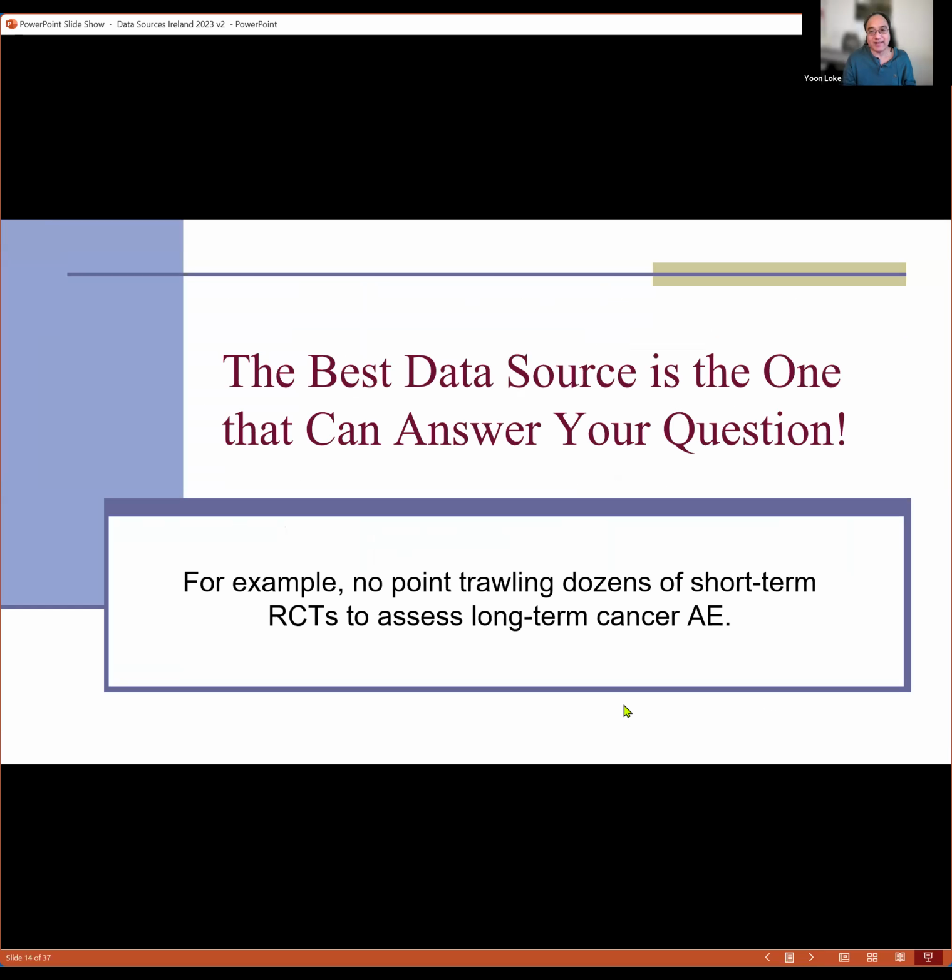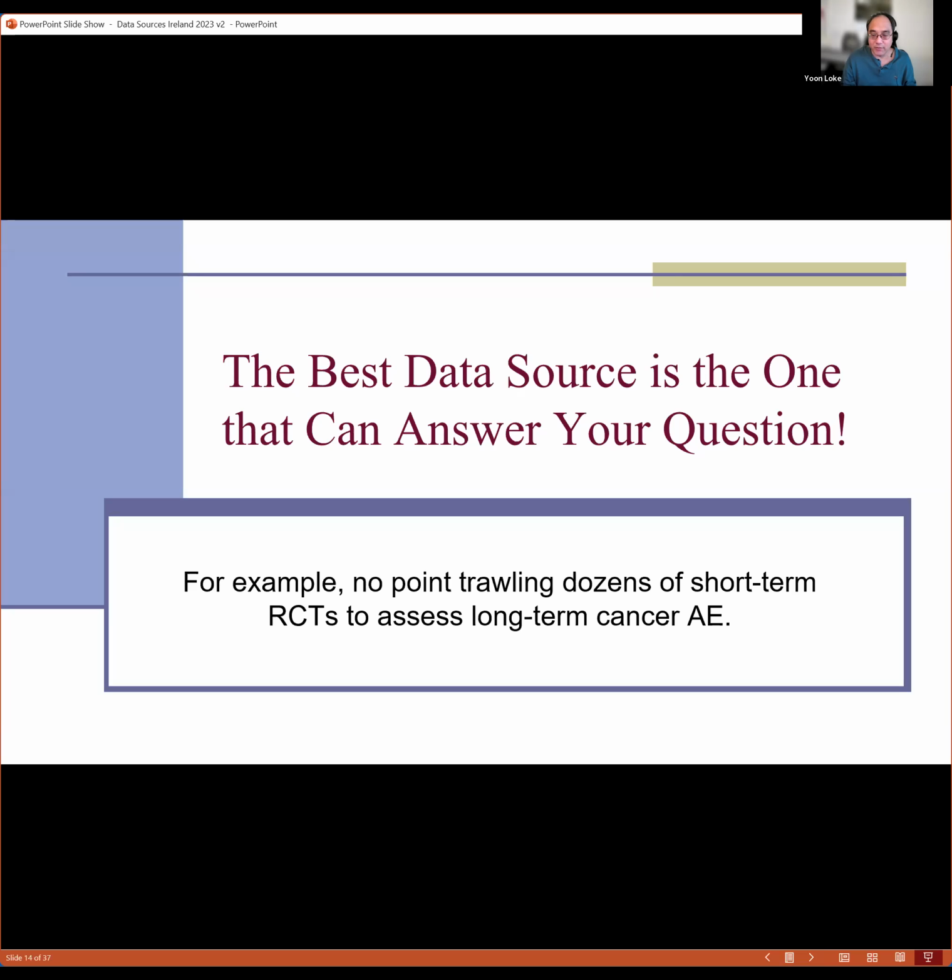So I guess this is my last slide. Whenever I'm faced with the question, what's the best data source we should use? I think you should choose the one that answers your question. We've done reviews where we've been trying to measure things like cancer, adverse events, and so on.